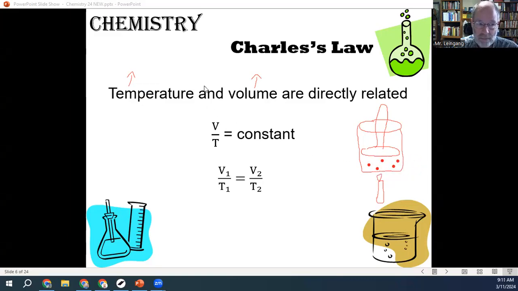But since we're studying temperature and volume, that means we're going to allow this piston to move freely. And so what would happen is that these gases are going to be more energetic. They're absorbing the heat energy from the Bunsen burner, and that gives them the ability to push this piston up, which would effectively then increase their volume. So as the temperature increases, the volume of the gas increases.